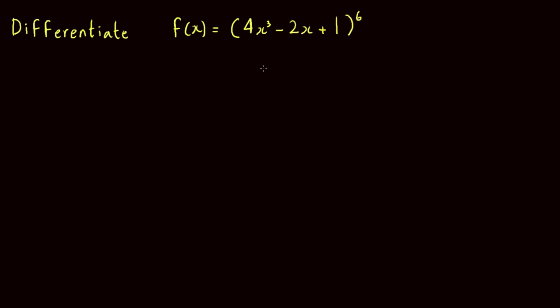We have to differentiate this function, and I will give you the time to pause this video and give it a try. Later I'll come back and try to solve this problem.